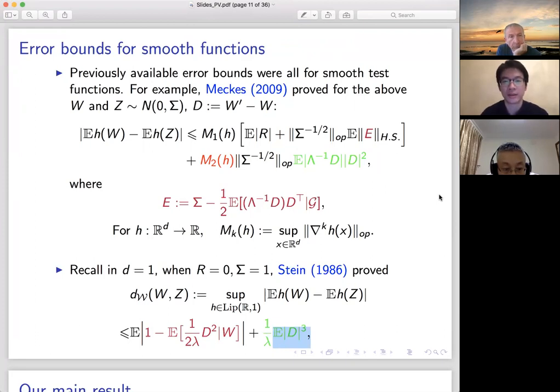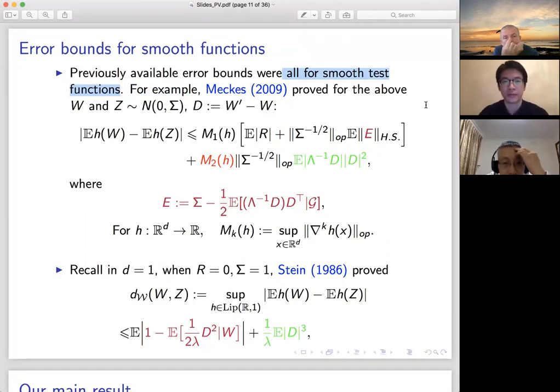The only thing that's not entirely satisfactory is that in Stein's upper bound, he only needed the test function to be Lipschitz with Lipschitz constant 1. So effectively, we can only assume M1(H) is bounded by 1. But in Meckes' bound, she needed the second derivative to also be bounded. So that's why this result is only available for smooth test functions.